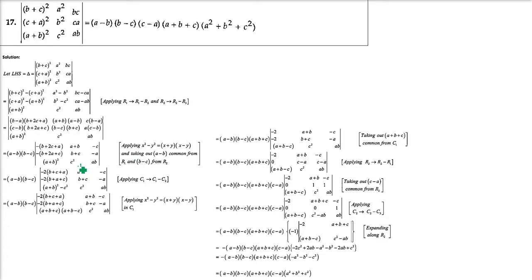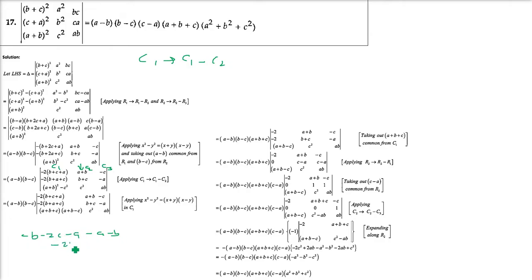Now, this is column 1, this is column 2, this is column 3. So we will change column 1 to column 1 minus column 2. What do we get? See, this is minus b, minus 2c, minus a, and we are subtracting a and b from it. So what do we get?